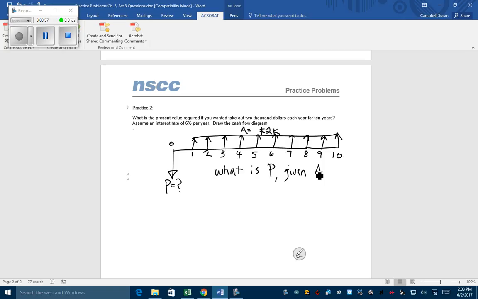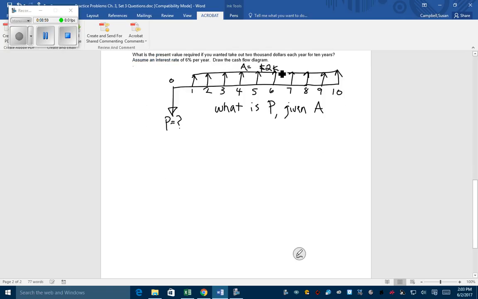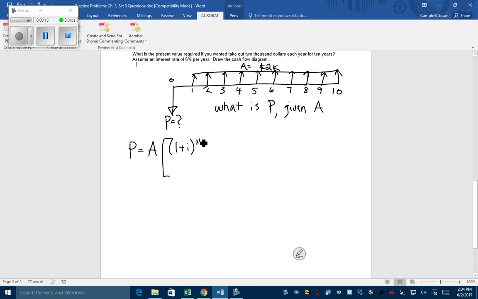My formula is P is equivalent to A multiplied by (1 plus i to the n, minus 1) all over i multiplied by (1 plus i to the n).